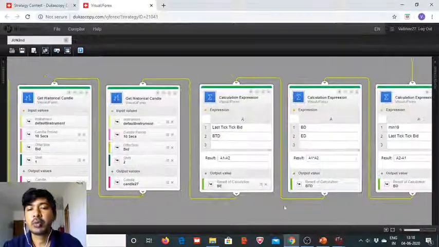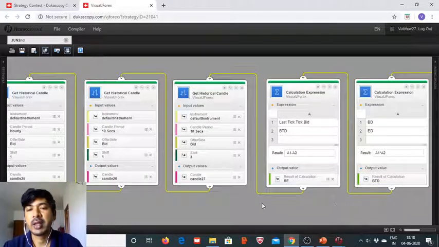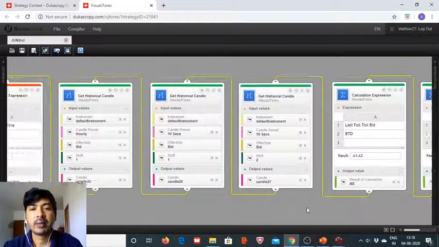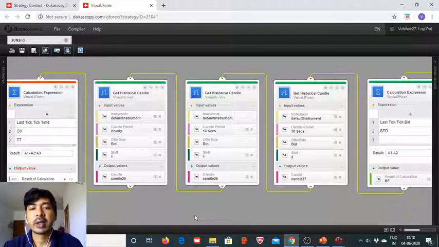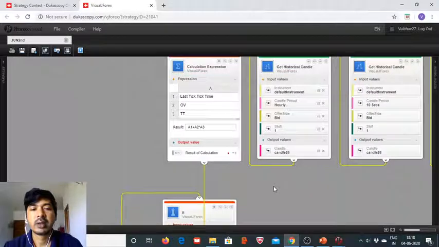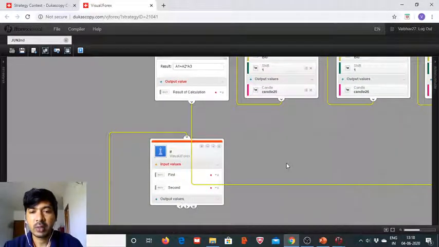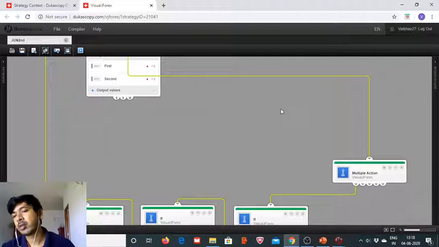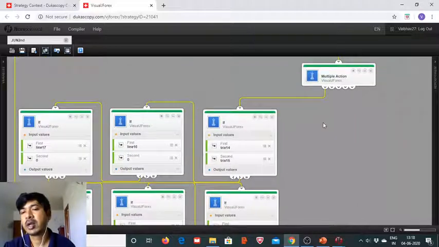Today we will need to do the calculation for determining the sell entry price, and then we got these historical candles of 10 seconds and 1 hour each for determining the precise entry point. Then we have put in the conditions for the buy trade. We have done it to some extent.